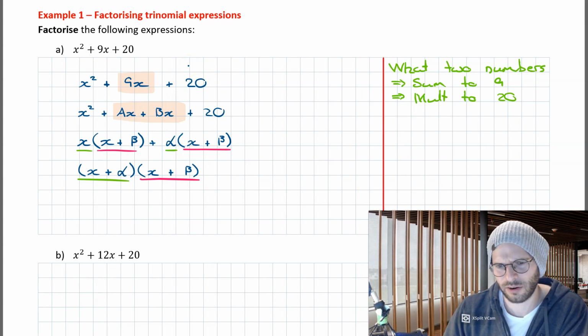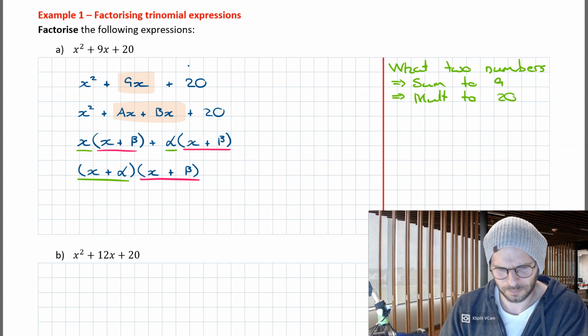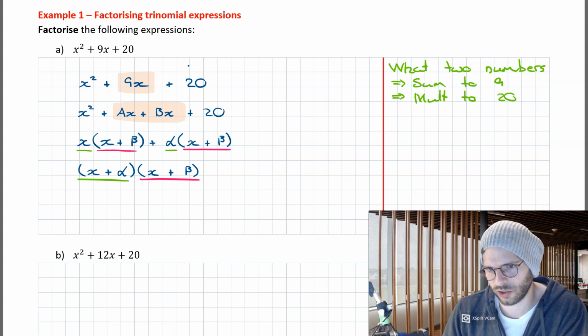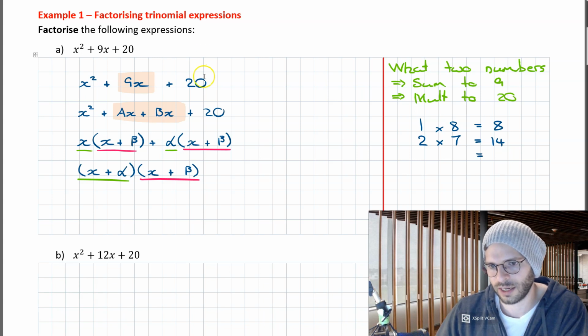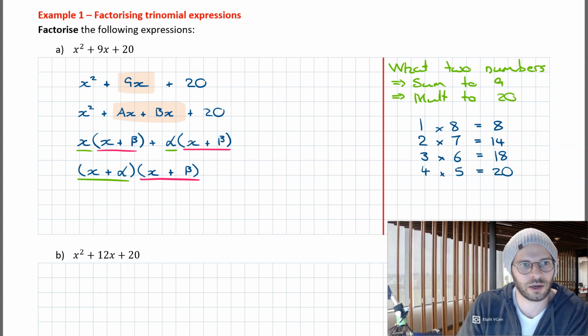I start off in a methodical manner where I'll go 9, and two numbers I can start off with is 1 plus 8, so that's going to sum to 9, and then I change it to times, so 1 times 8 is 8, and then I slowly work my way down the numbers. So 1 turns into a 2, and 8 goes down by 1 to a 7, and that goes 14. What I'm looking for are two numbers that will sum to give 9, so these will always sum to give 9, but I'm waiting for this to turn into 20. So I just work my way down until finally I find my way.